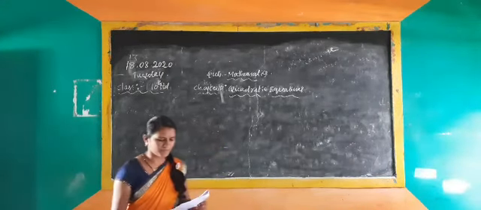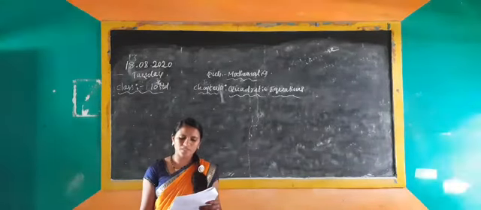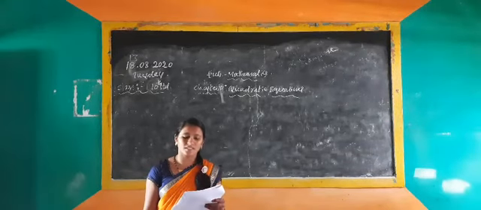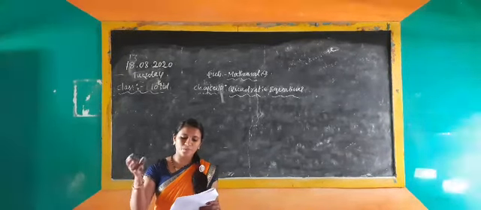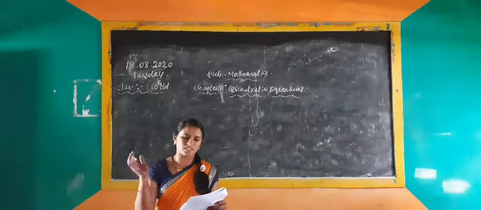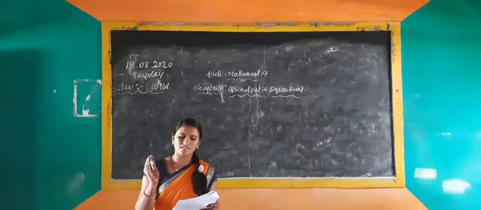Take the next problem. The second one: the product of two consecutive positive integers is 306. We need to find the integers. Here they gave the clue "consecutive positive". The product of two consecutive positive integers is 306.